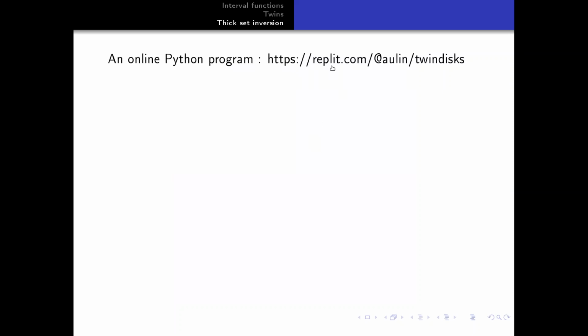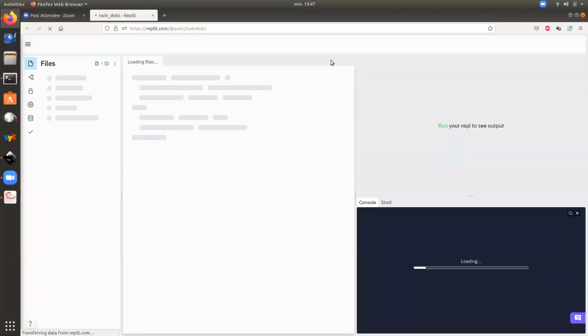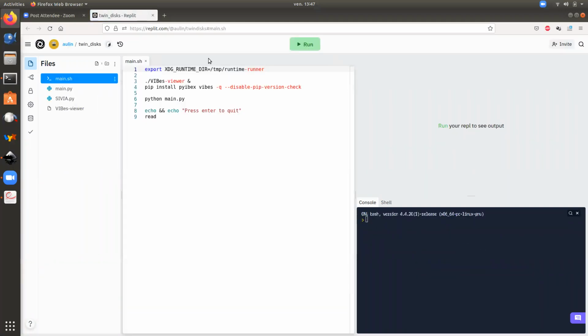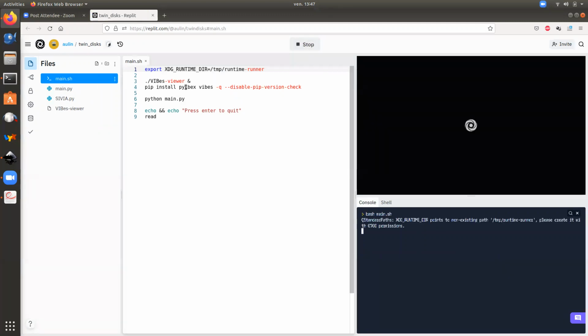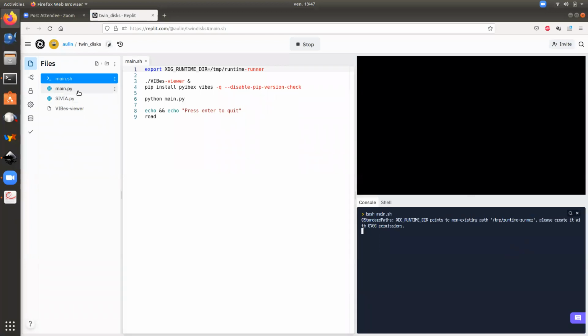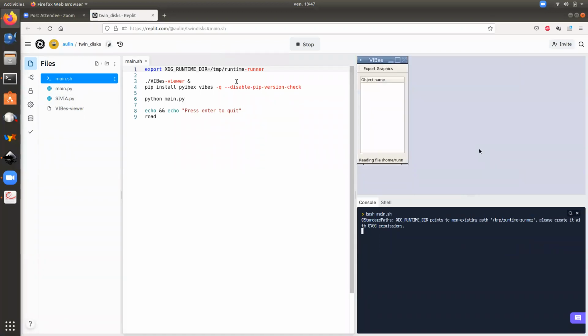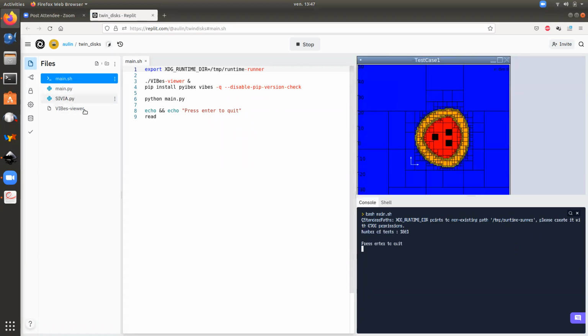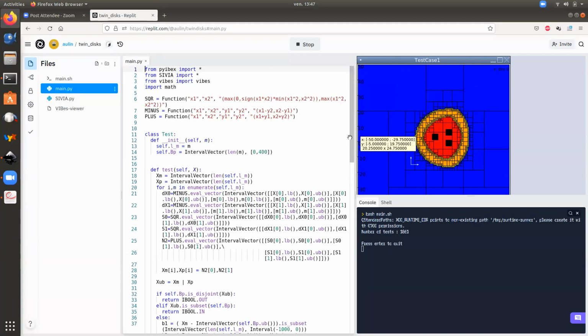Okay, so I have a Python program which is online. You just click here. I don't know if it will work, but you can have it by clicking on this link. Normally it should work. You have a representation of the thick set, and you can see the main program is given here.